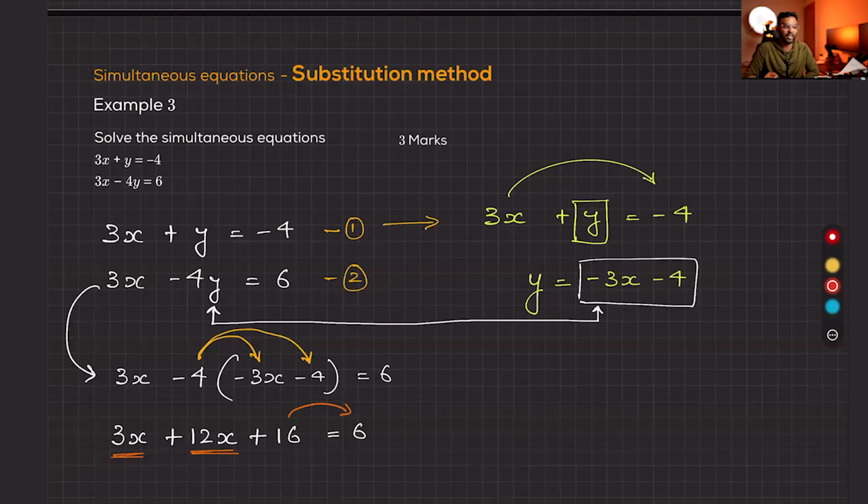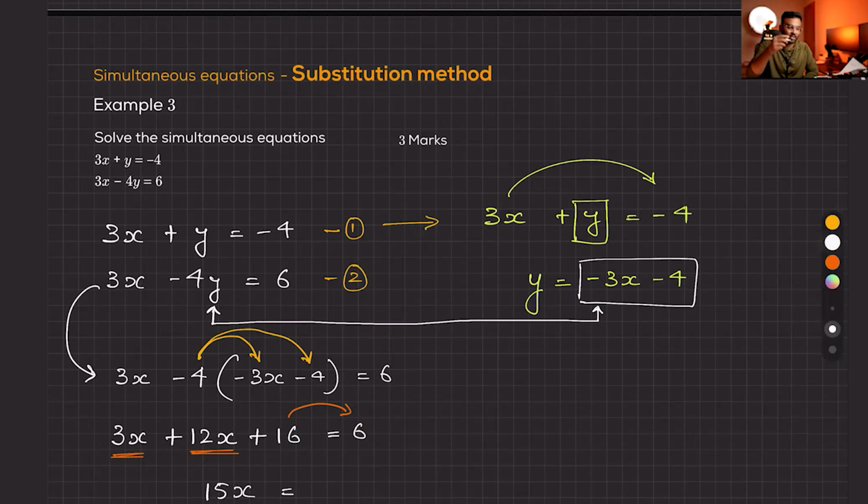When your teacher is explaining, they don't explain with arrows, right? Let me show you. How many of you guys have seen this specific method? I'll explain to you in just a second. So I'm adding this 3x and 12x to get 15x equals, you see the 6 minus 16 would give me, what is 6 minus 16?